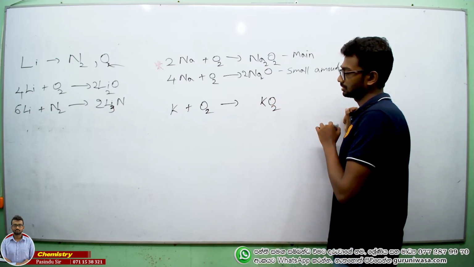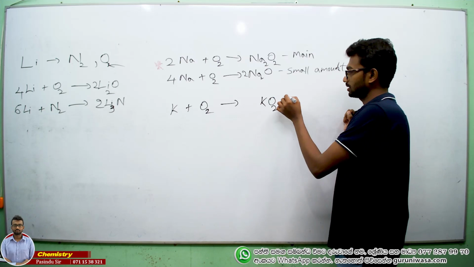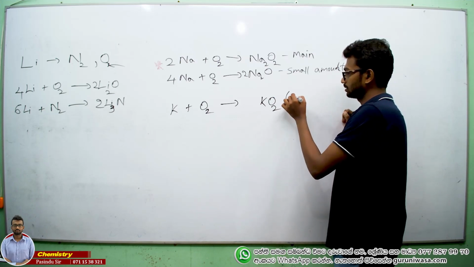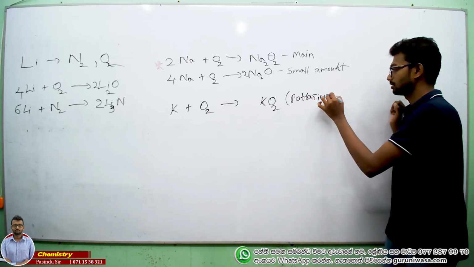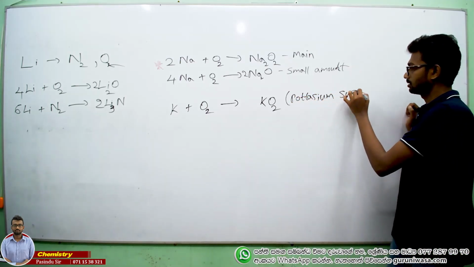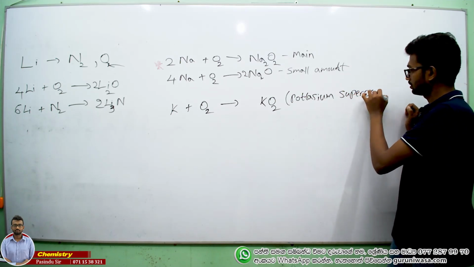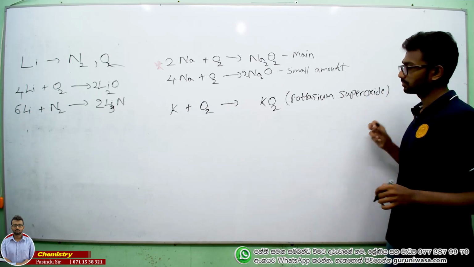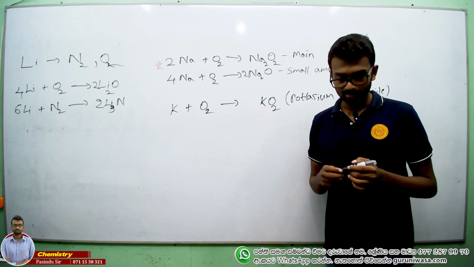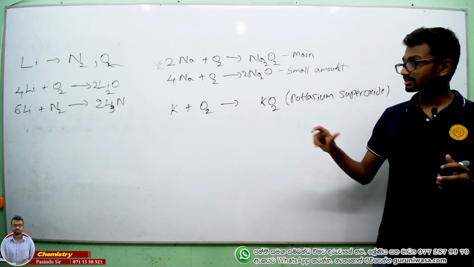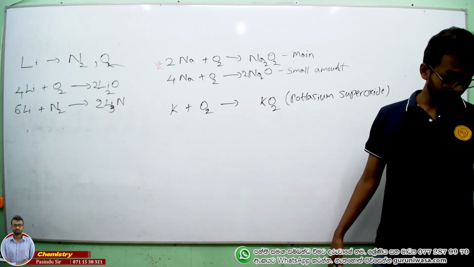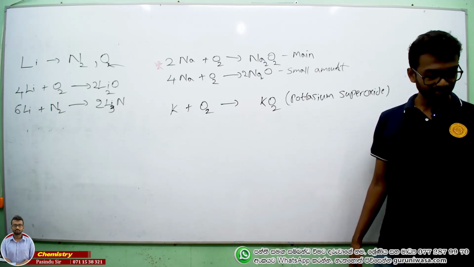That's it, KO2, potassium superoxide, okay? Right, underline that sentence and write down this formula, equation. Okay, that's it.